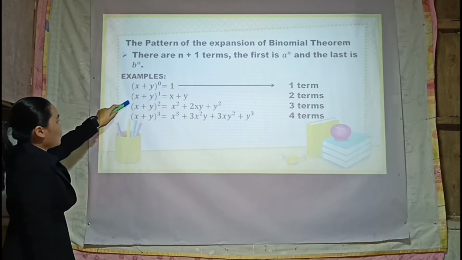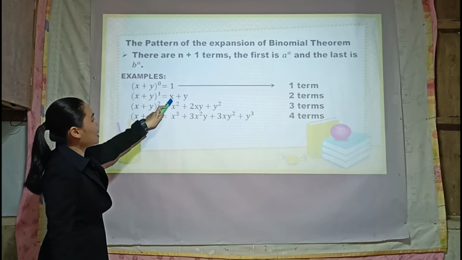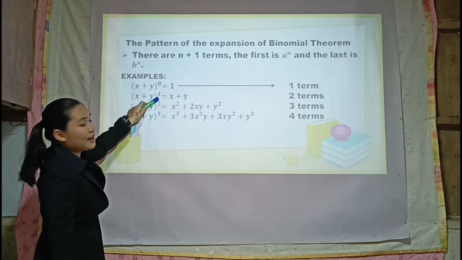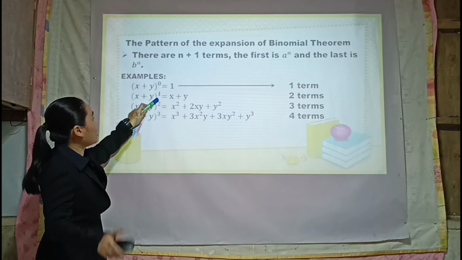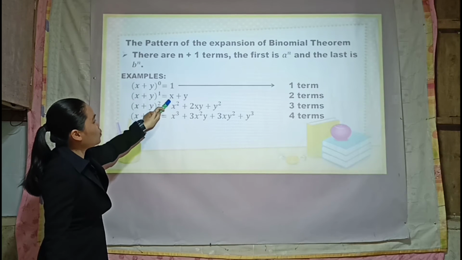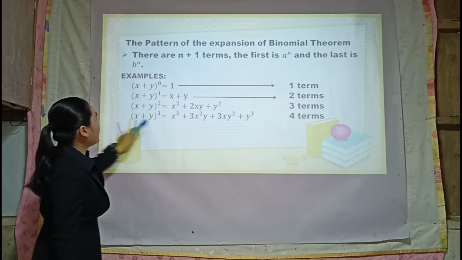For another example, we have x plus y raised to 1 equals x plus y itself. So, in this example, our n here is 1 or our exponent. So, since 1 is our exponent, 1 plus 1, we have 2 terms, the x and the y.